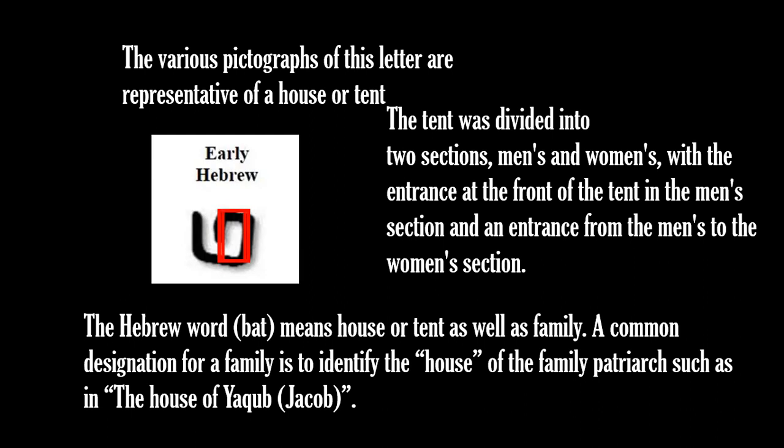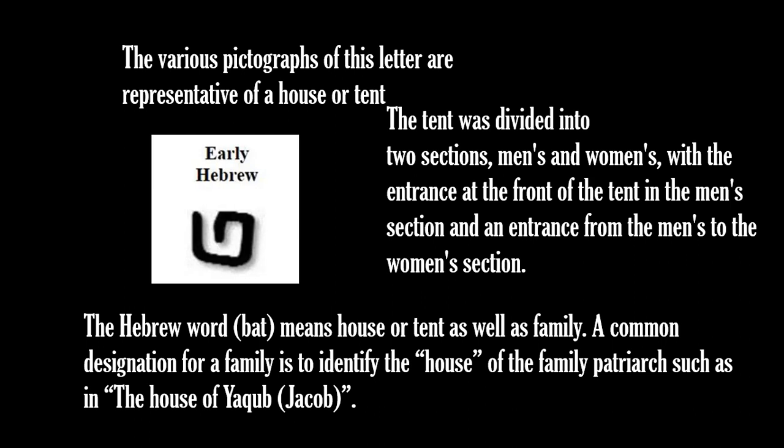The word bat means house or tent, and may also mean family. A common designation for a family is to identify the house of the family patriarch, such as the example of the house of YaHUaH or Jacob. This referred to the family of Jacob, or those who came from this particular family.